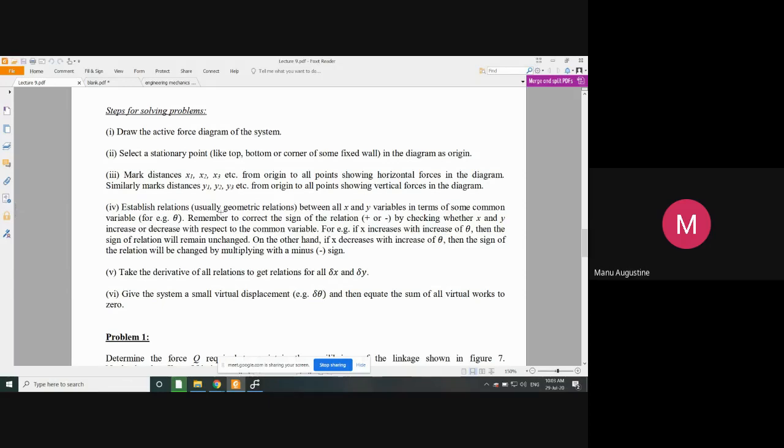We will learn how to solve for unknown quantities in a given system by using the concept of virtual work.